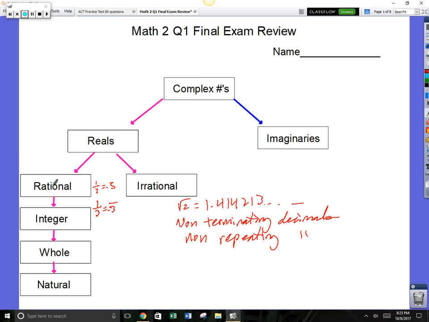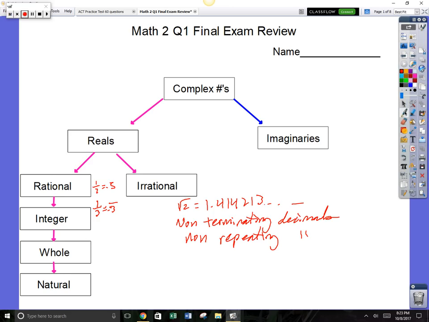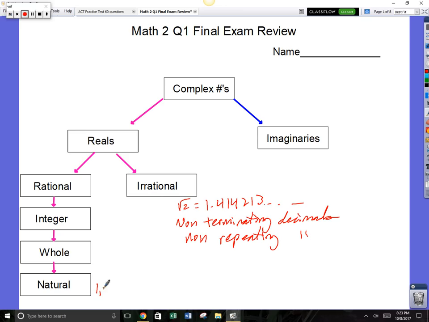So the rationals, we've got like 4 different sets here. Rationals include everything under them. They include integers, they include wholes, they include naturals. So if it is rational, it includes all those sets. So the very first set, the naturals, that's just 1, 2, 3 to infinity. The wholes, that's 0, 1, 2 to infinity. The integers introduce the negatives.